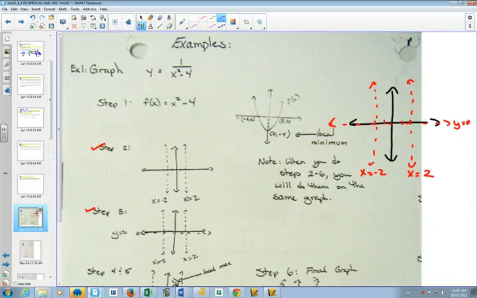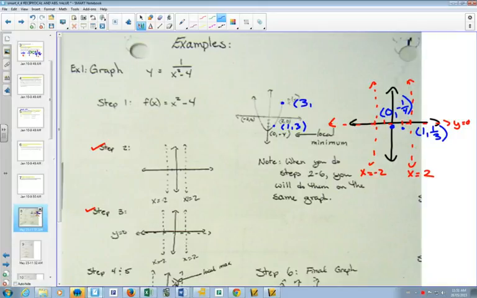So look at some of your points on your original graph. You have 0, negative 4. That point is going to become 0, 1 over negative 4. All we do is take a y value and do 1 over the y value. What are some other points that you know? On our original graph, we have 1, 3. So I would know that I have 1, 1 over 3. Table of values comes in very handy.